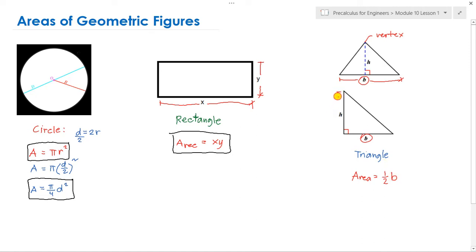The altitude should be perpendicular to the base and pass through the vertex opposite the base. So that is the area of a triangle. I think even in elementary you already learned this.